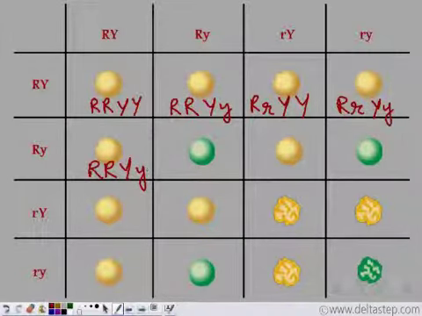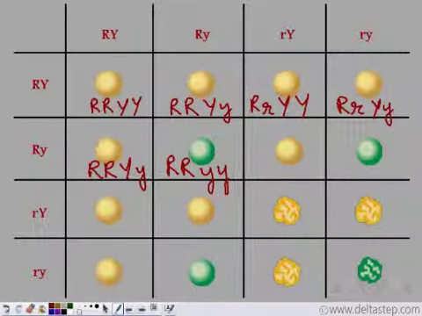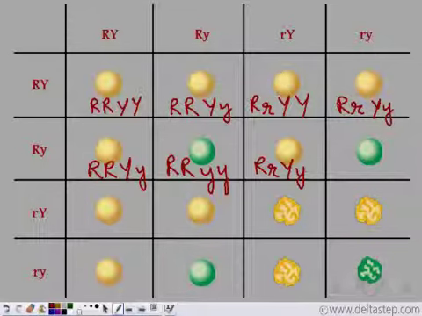For this seed, it is capital R, capital R, small y, and small y. For the next seed, the genotype is capital R, small r, capital Y, small y. The convention is always to write capital before the lowercase. So this seed has the genotype capital R, small r, small y, and small y.